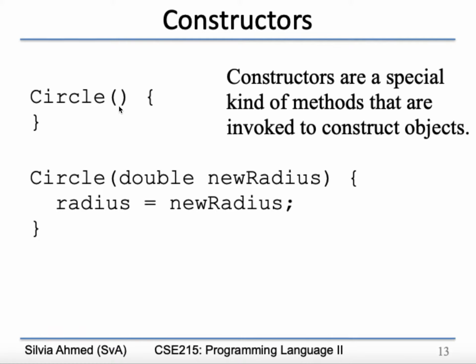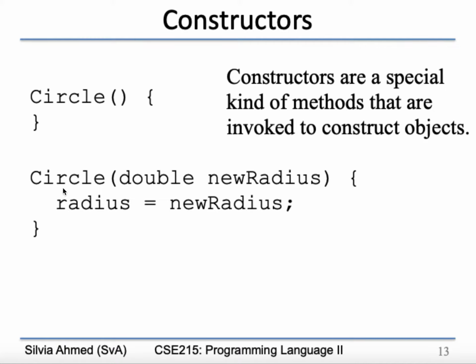Then we have this parenthesis pair. Inside this we have nothing, it's an empty body, but even with an empty body, the data fields will be created. That means in memory we will allocate space for those data fields with whatever default values we have given.